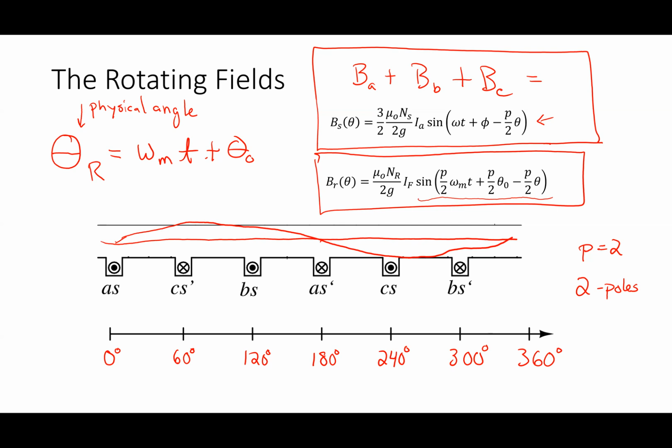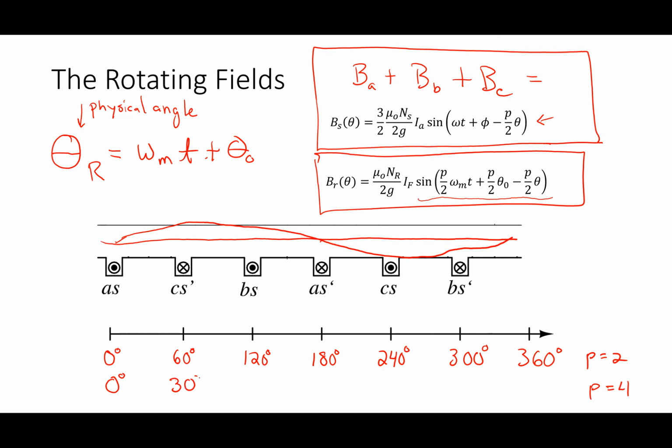Okay, so if I'm looking at this, if I had a 4-pole machine instead, what would be different? So this would be for my P equal to 2 down here. This would still apply if I had a P equal to 4 as well, except what would the angles be? They'd all be half of that.